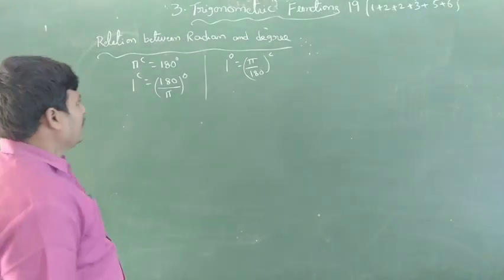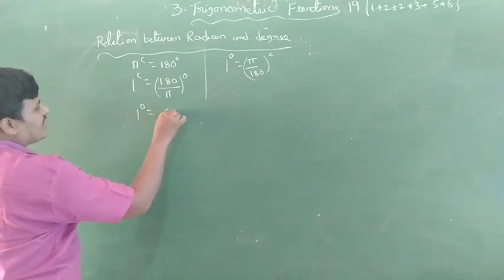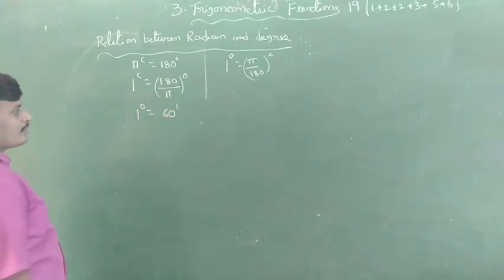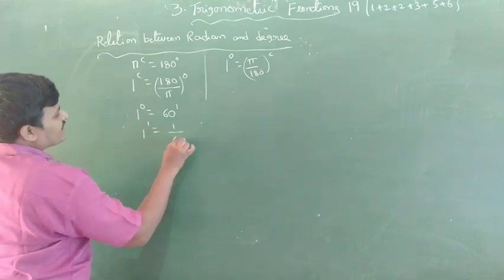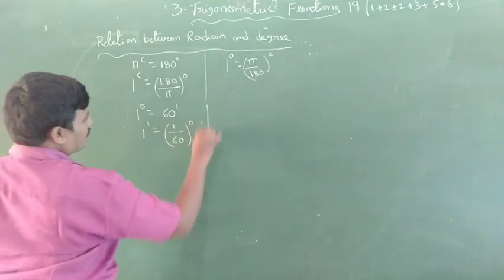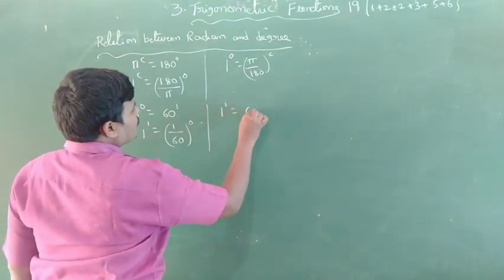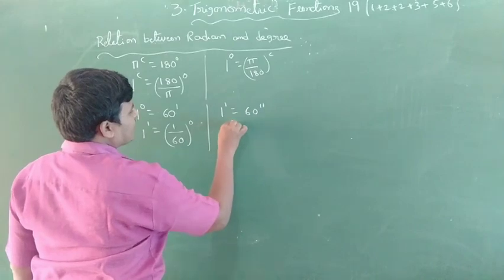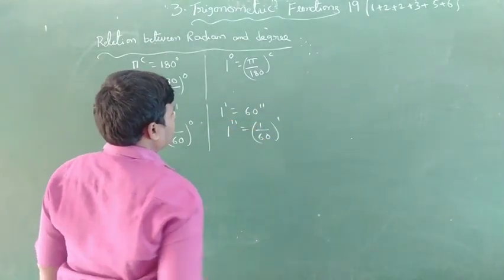Next, 1 degree is equal to 60 minutes. Minute symbol. 1 minute is equal to 1 by 60 degrees. 1 minute is equal to 60 seconds. 1 second is equal to 1 by 60 minutes.